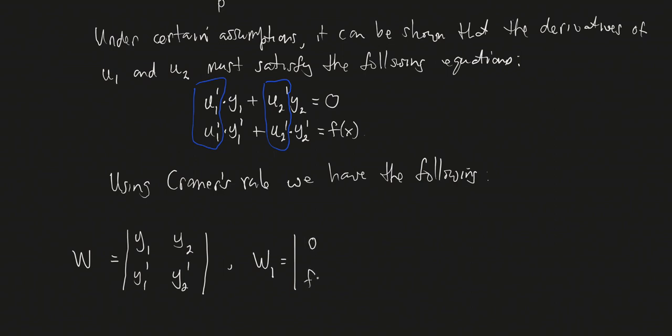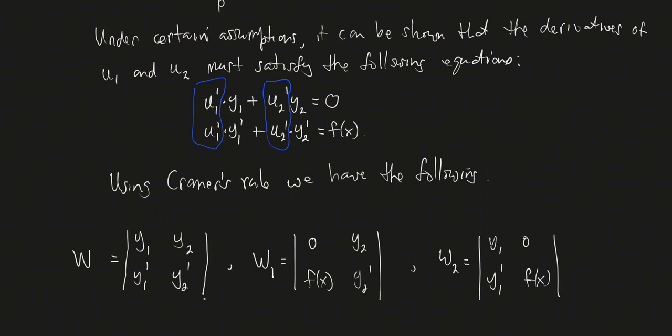And then the second column stays the same, y2, y2 prime. And then, of course, we need the third and final determinant that will allow us to solve for u2 prime. I'm going to call that one W2. In that case, the first column stays the same, but we replace column 2 with 0, f of x. So we have y1, y1 prime, and then 0, f of x. So there we go.